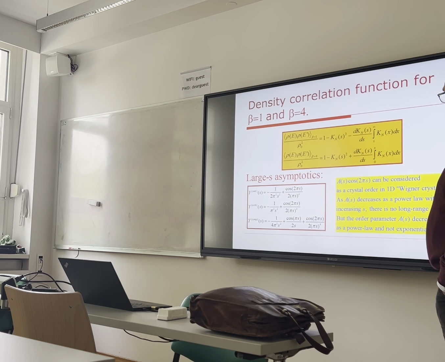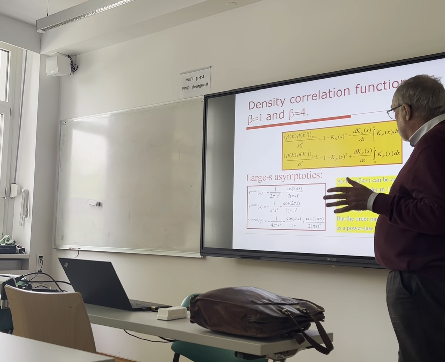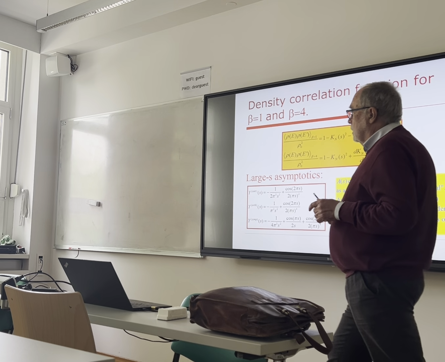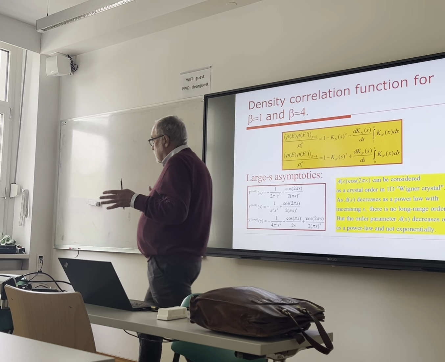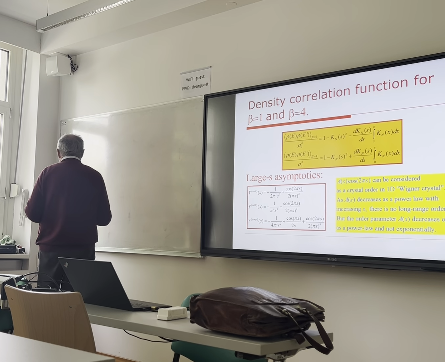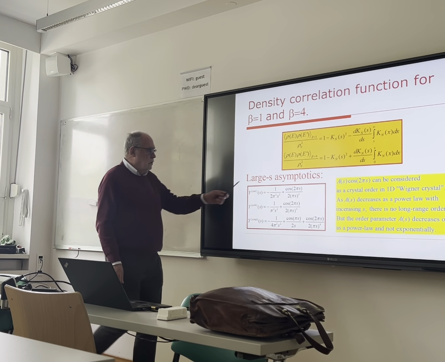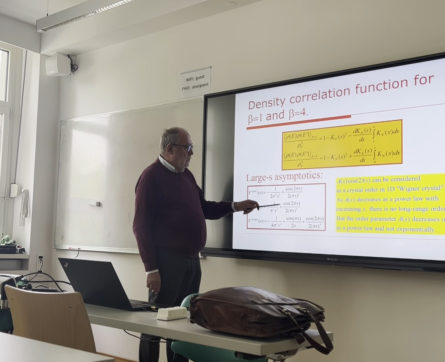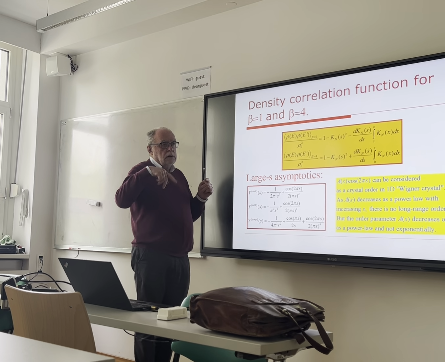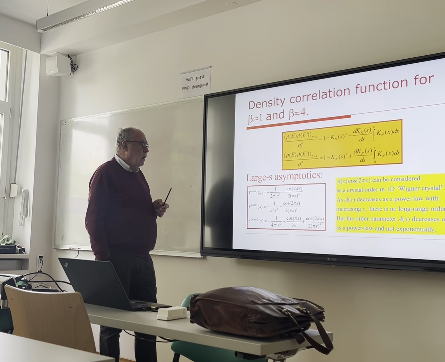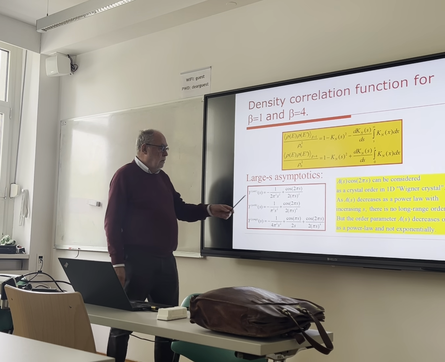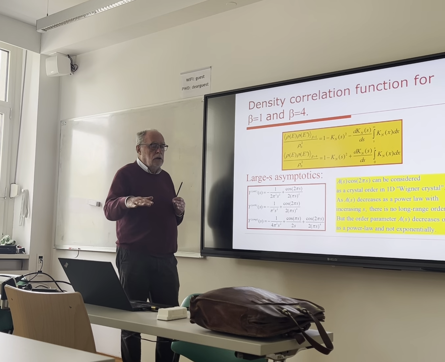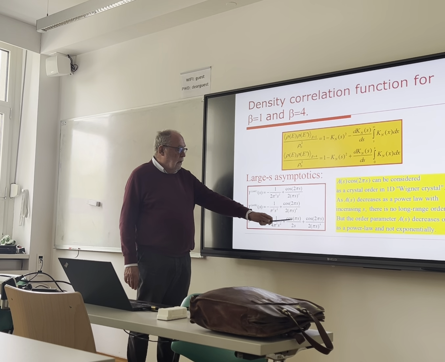So also this formula can be viewed like the zero energy form of the density of fermions with and without interaction, and such a form tells you that there is a certain crystal order, because these oscillations are like the oscillations of the density in a crystal, but this crystal order is not long range order because it decreases as a power law.